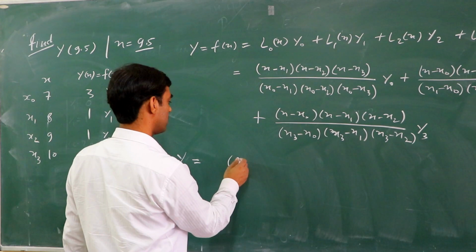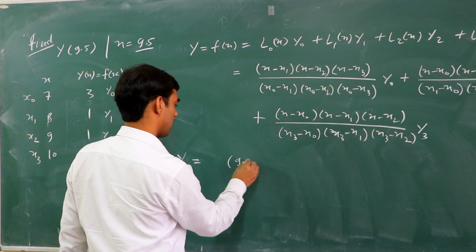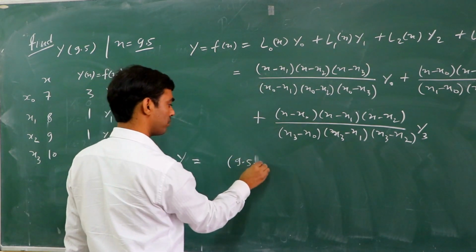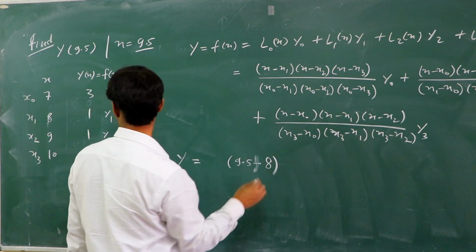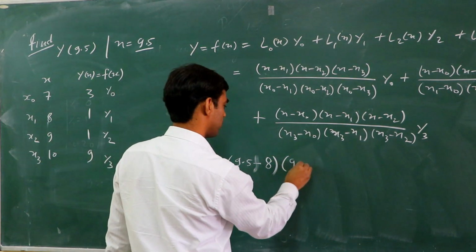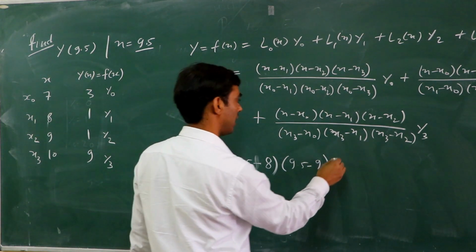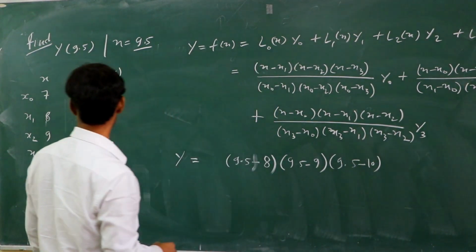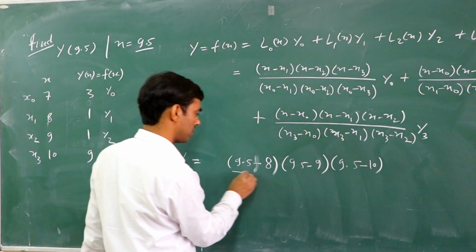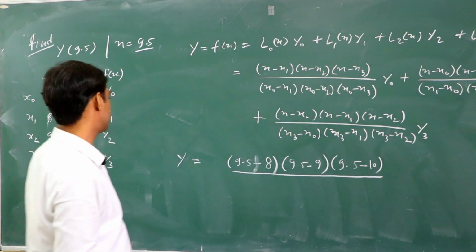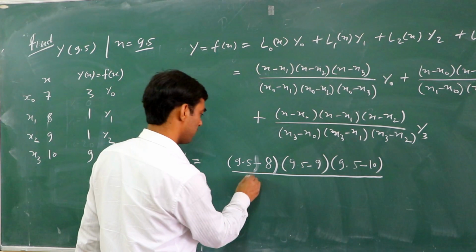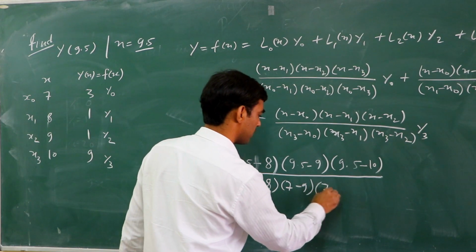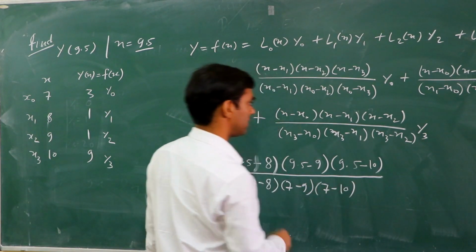So here we write: x is 9.5. 9.5 minus x1, which is 8, 9.5 minus 9 and 9.5 minus 10, divided by x0 minus x1, 7 minus 8, 7 minus 9 and 7 minus 10, into y0.